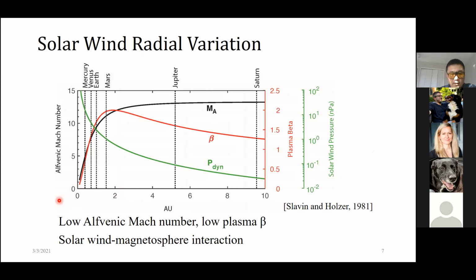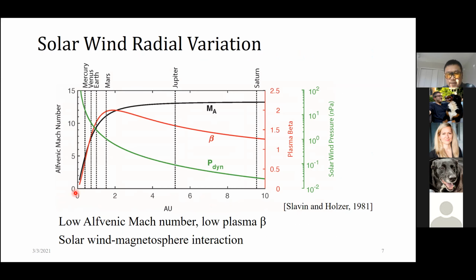Here, I'll just briefly introduce the solar wind radial variations in the solar system. The horizontal axis shows the radial distance to the sun, in units of AU. And the vertical axis has 3 lines.